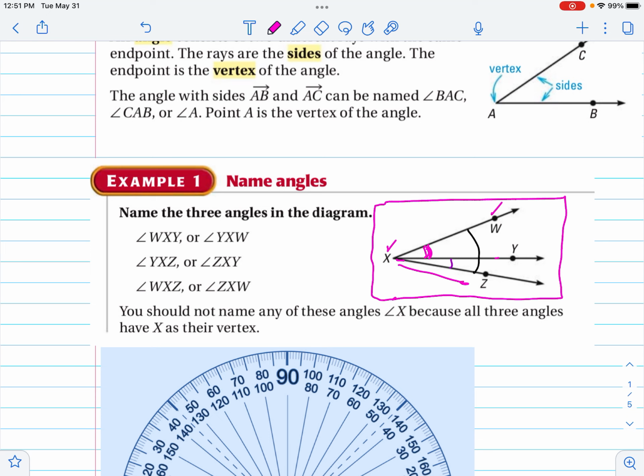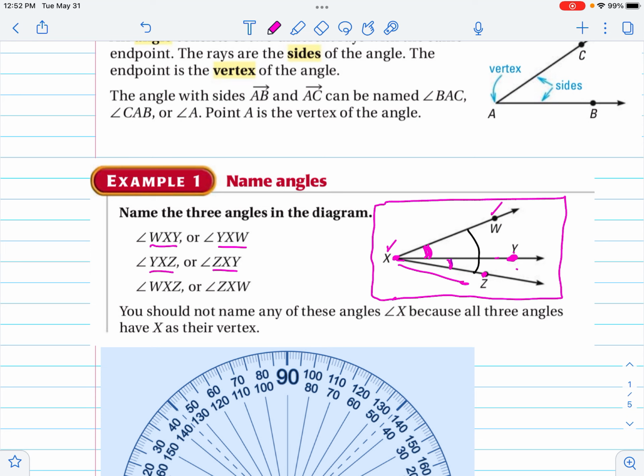Since we just want this angle, this is going to be angle WXY, or we could go YXW. Now, let's talk about this angle down here. Notice we start here at Y, X, and Z: YXZ or ZXY.